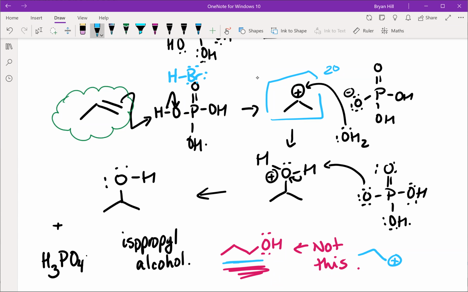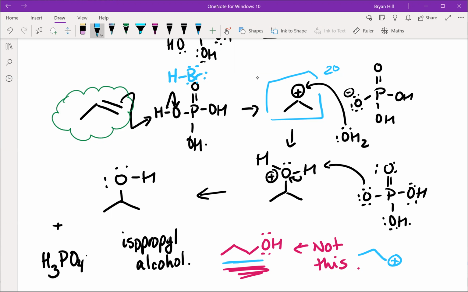So using a strong acid, like phosphoric acid in the presence of water to do this reaction is going to give the Markovnikov product, right?